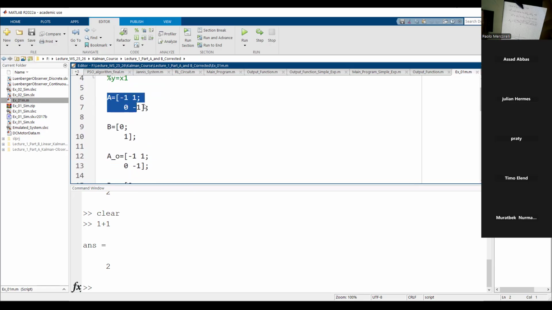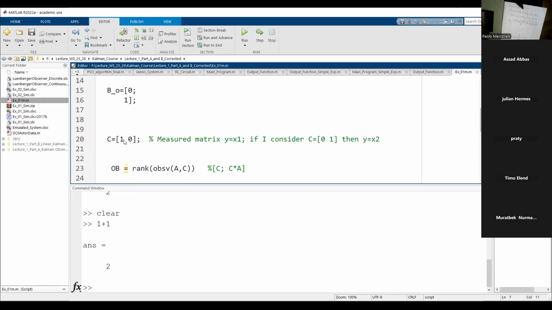For us now, it is important at this moment, this matrix here. We will see why I also introduce B, A0, and C. You remember, if I measure x1 it is observable, if I measure x2 it is not observable.